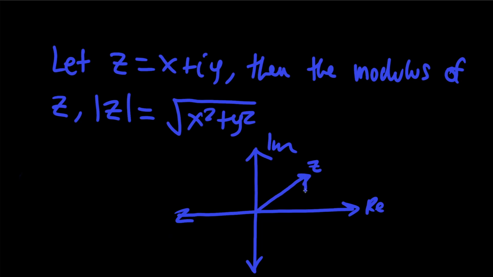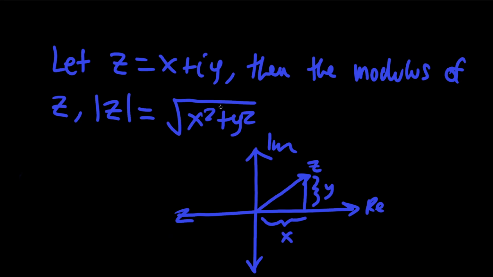Well, notice that if we create a right triangle and connect the tip of the vector representing z to the real axis, well, the length of the base of the triangle is x, or the real part of z, and the vertical side of the triangle is simply represented by the imaginary part of z, or y.